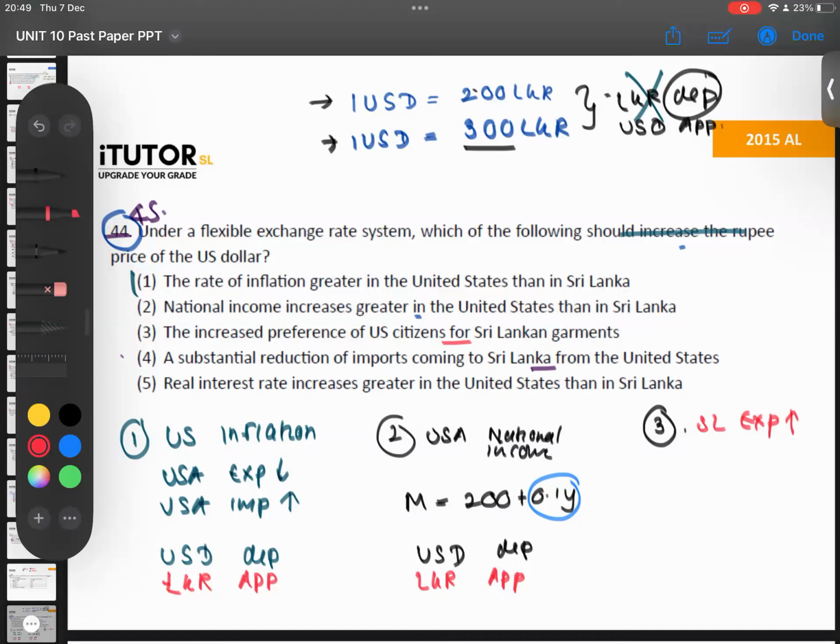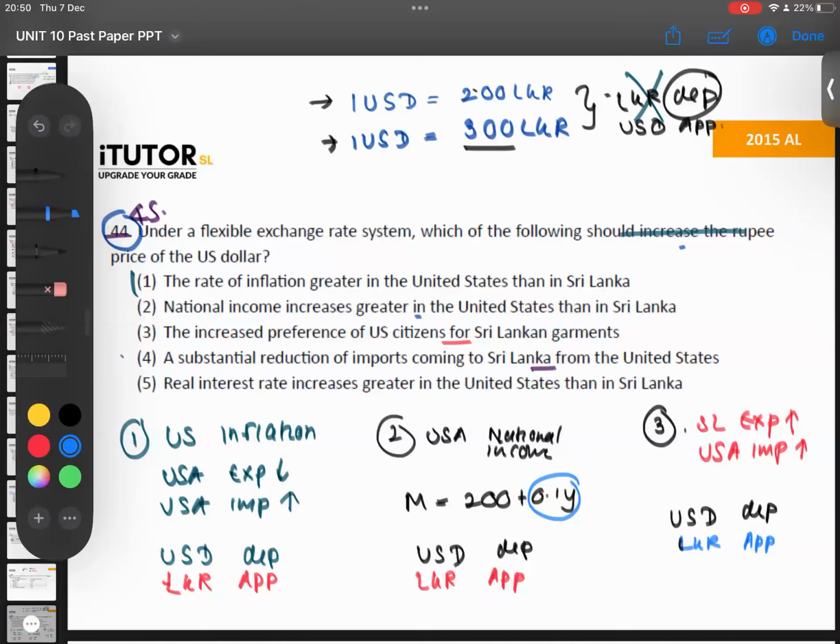US people like our garments, so Sri Lanka's exports will increase and USA's imports will increase. So what happens to the US dollar and the Sri Lankan rupee? USA is importing, we are exporting. Therefore the US dollar depreciates and the Sri Lankan rupee, LKR, appreciates.